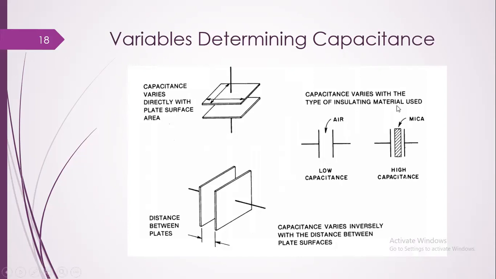Capacitance also varies with the type of insulating material we use. So low capacitance if air is the dielectric between the plates, and if mica is placed between these two plates of the capacitor, then a high capacitance would be found. So dielectric material also determines the capacitance value.